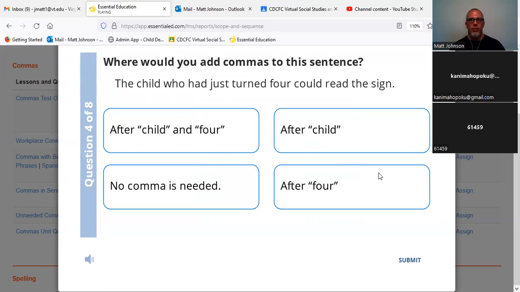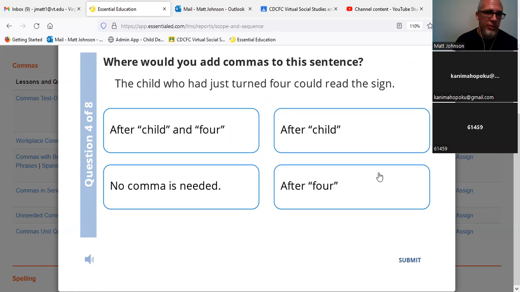Okay, so where do we need commas? Here: the child who had just turned 4 could read the sign. So looking here for some sort of signal to let us know, maybe pronouns, for example, sometimes we'll do that.